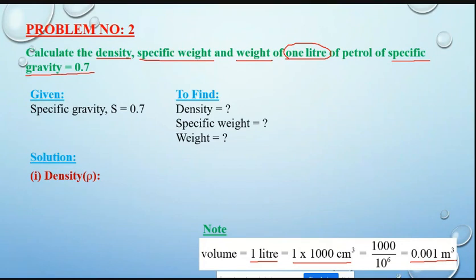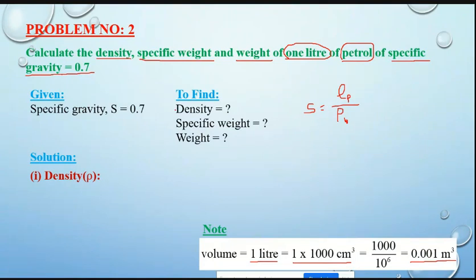The formula for specific gravity is equal to density of the liquid, here the liquid is petrol, as clearly mentioned, divided by density of the water. This will be the formula for specific gravity, particularly for this problem.